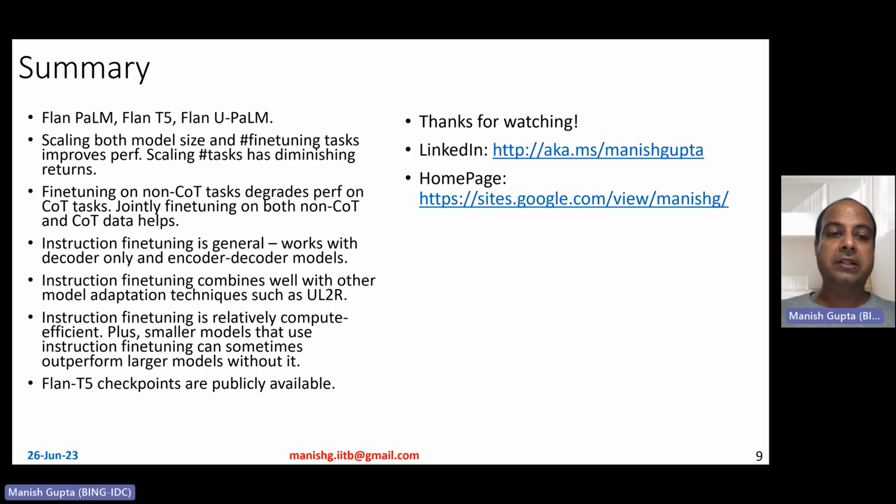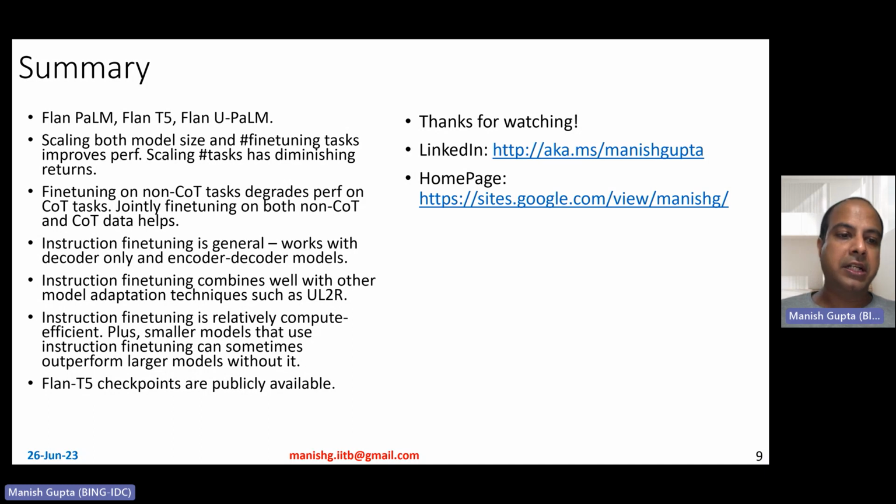Instruction fine-tuning is general. It works well with decoder only and encoder decoder models, as has been shown by instruction fine-tuning the typical PaLM model, which is decoder only, and the T5 model, which is encoder decoder. Instruction fine-tuning combines really well with other model adaptation techniques such as UL2R, and that basically says that there is good hope of improving the performance of these models without really resorting to increasing the model size.